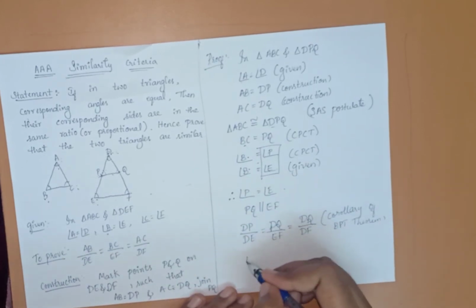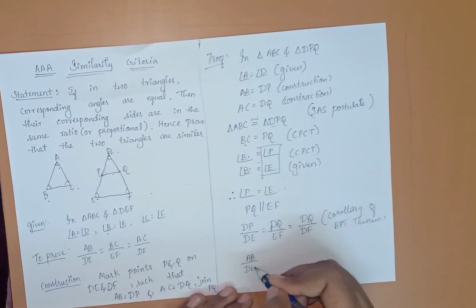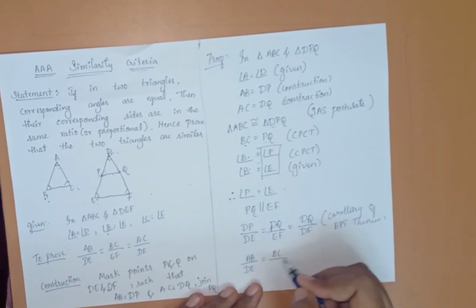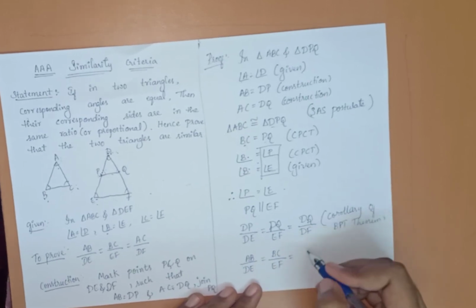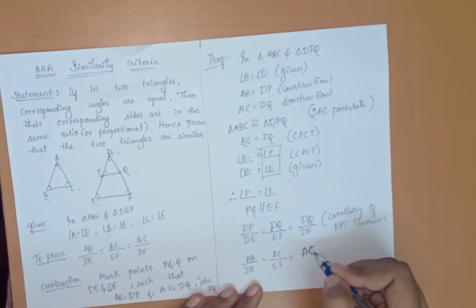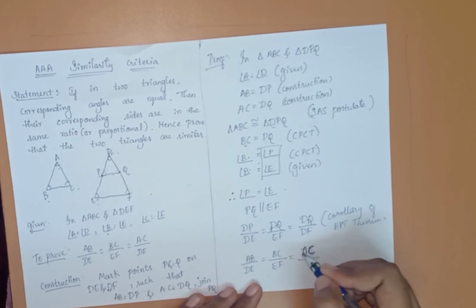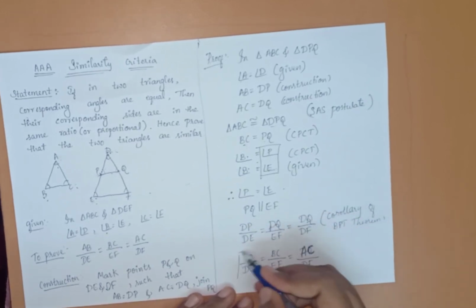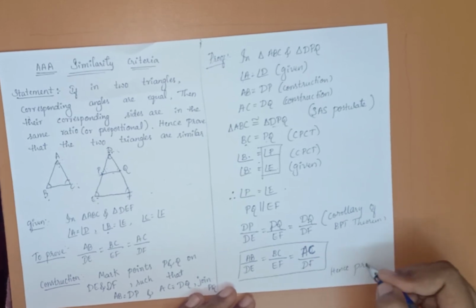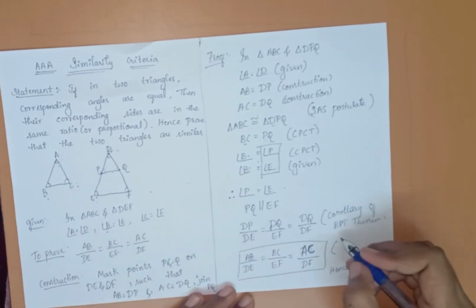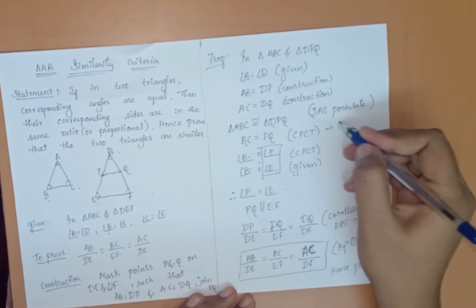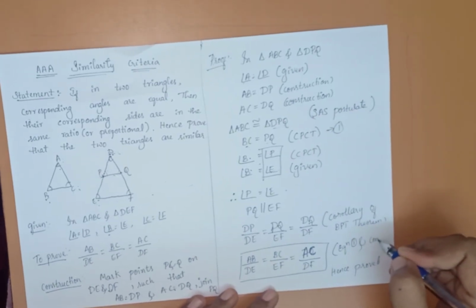Now we substitute everything: AB by DE is equal to BC by EF, which is equal to AC by DF. Hence proved. We got these values from equation 1 and from the construction.